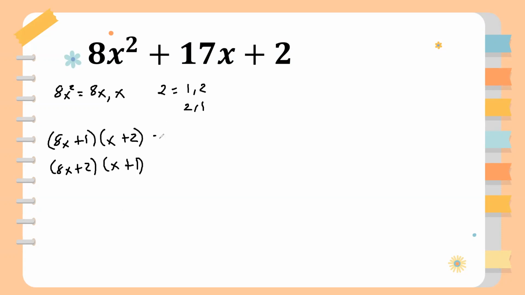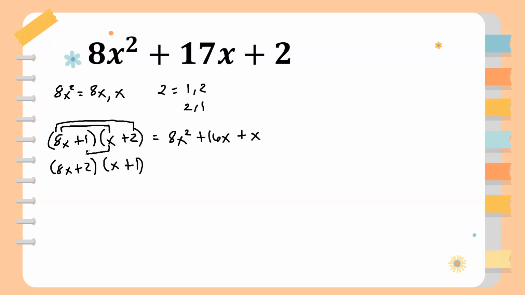Okay? So, sige. FOIL method natin. We have 8x times x, that is equal to 8x squared. Next, 8x times 2 for the outer term, that is equal to 16x. For the inner term, 1 times x, that is equal to 1x, or x na lang.